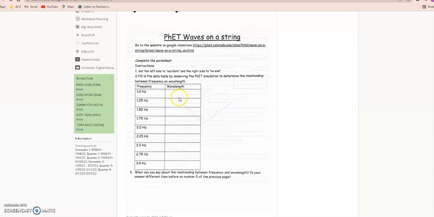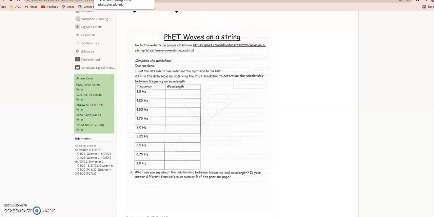There should be an obvious pattern with your wavelength numbers. It could be that the wavelength is also increasing, or the wavelength is decreasing, or the wavelength is something else. Anyway, there's a pattern there, and you have to figure out what it is.